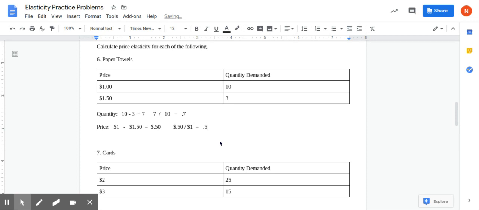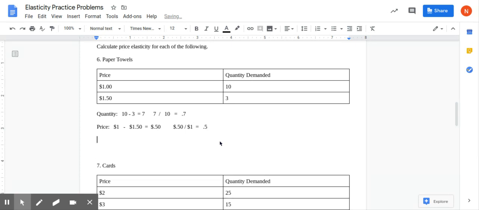So we're going to take our change in quantity and our change in price, and we divide them. We got our 0.7 divided by 0.5, and we will get 1.4.